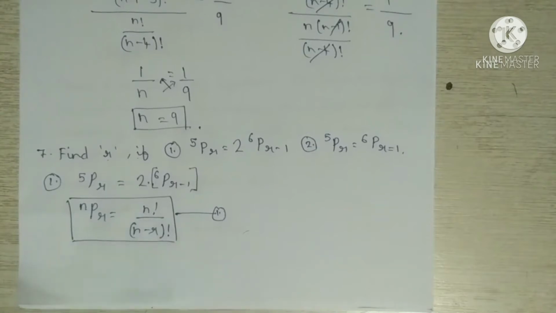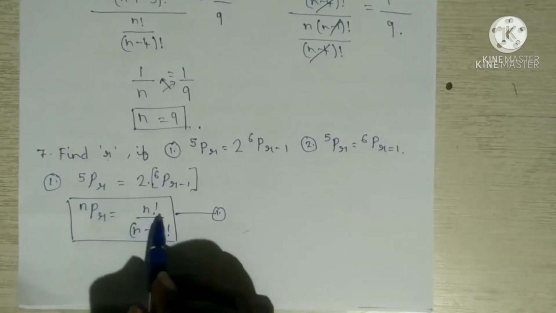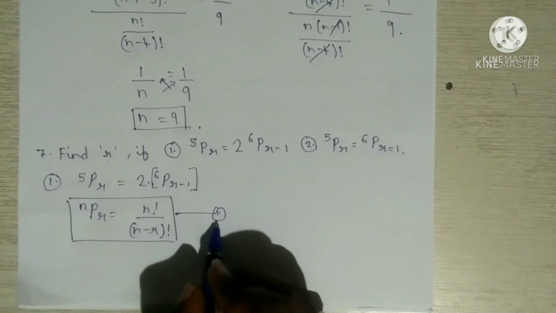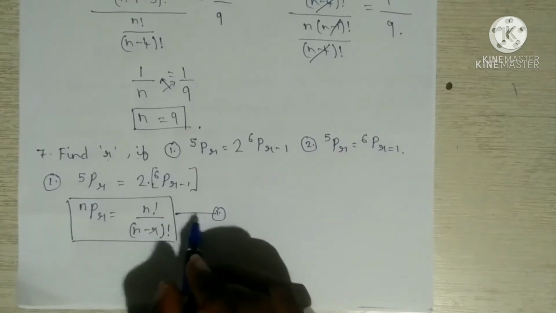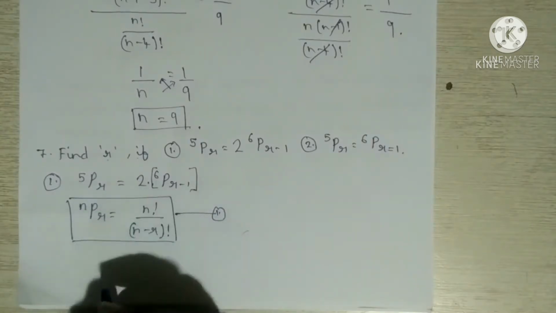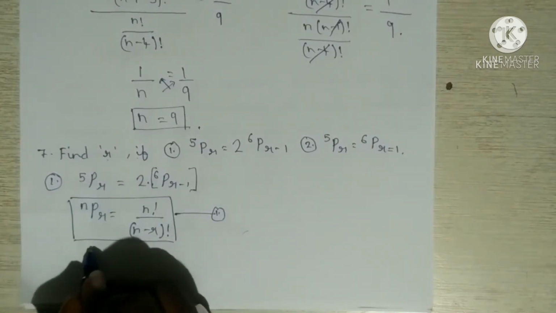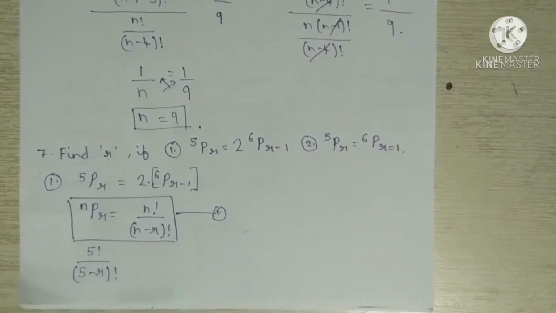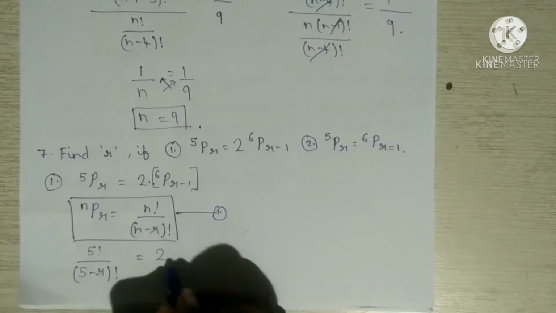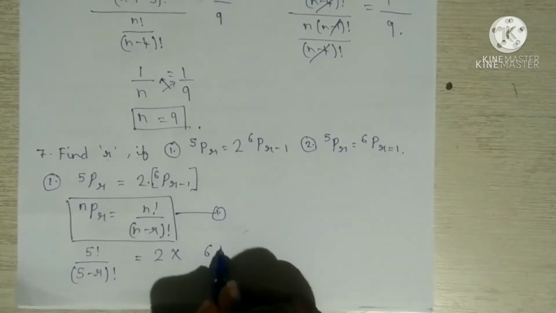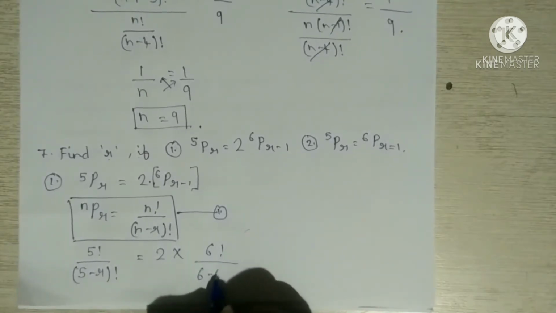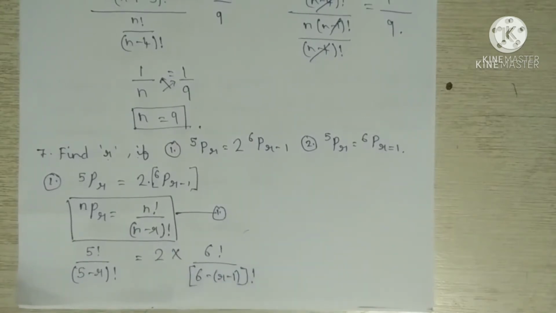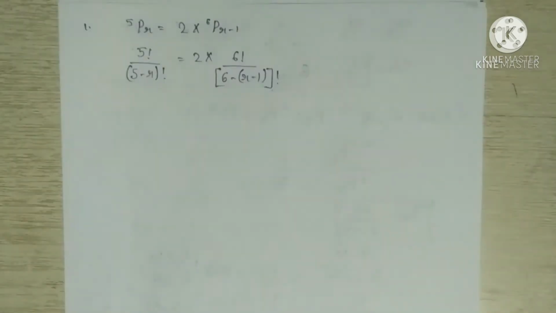First you write the permutation formula: nPr is equal to n factorial by (n-r) factorial. Let this permutation formula be equation number 1. Then apply this formula in LHS and RHS. LHS: 5 factorial by (5-r) factorial, which will be equal to 2 into 6 factorial by (6-(r-1)) factorial.